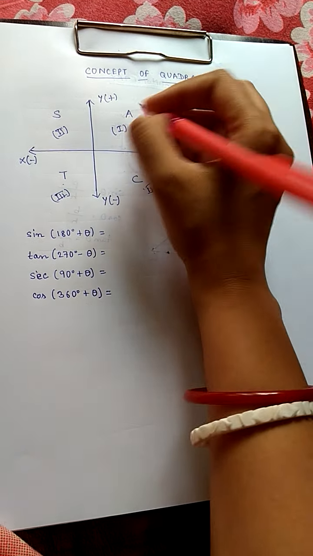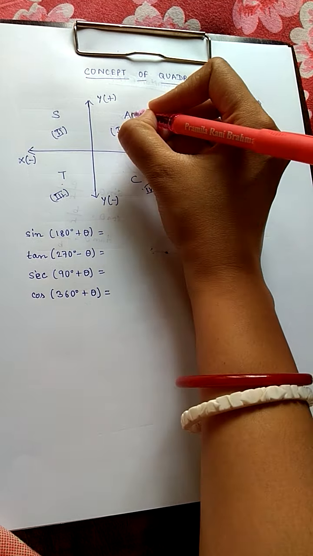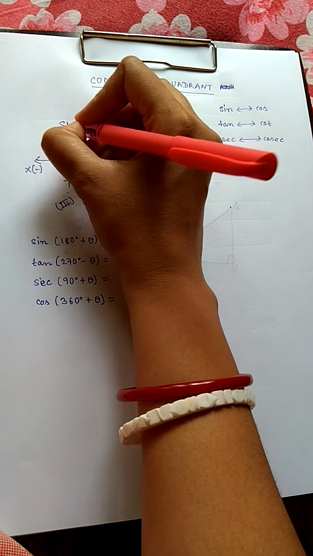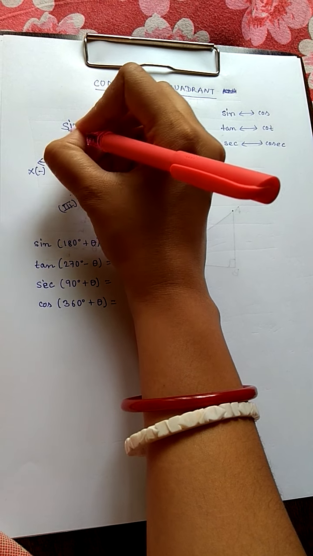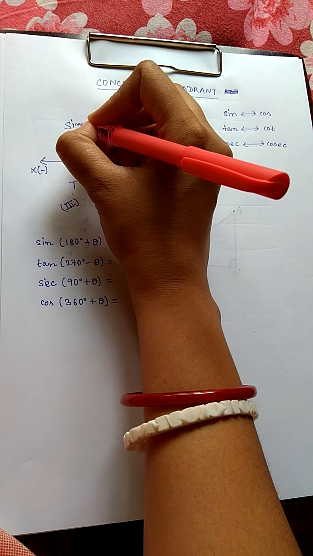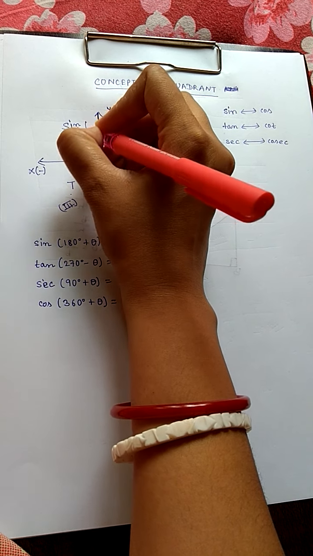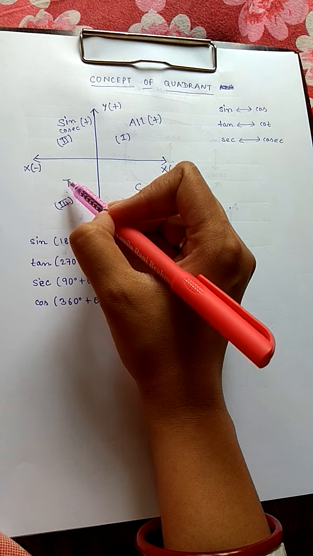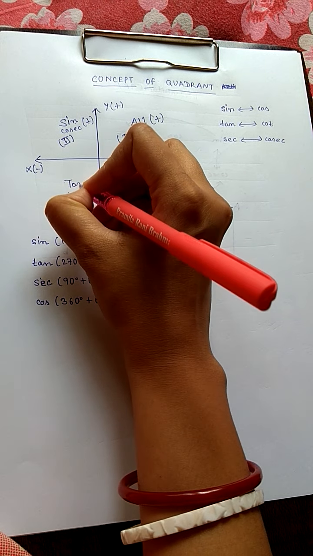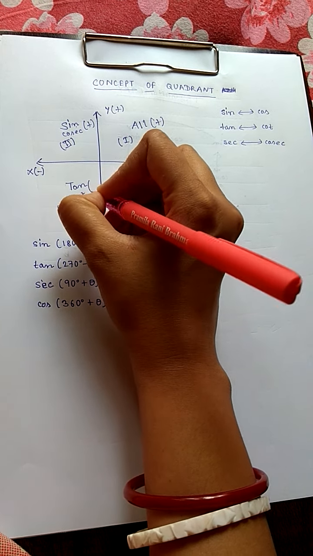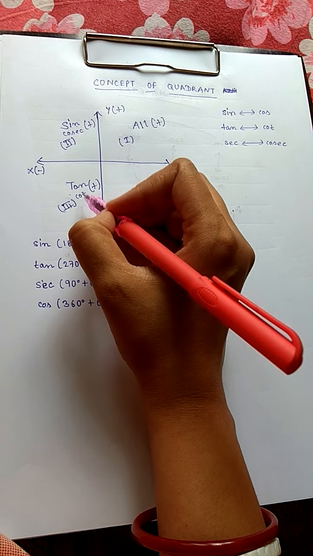That means in the first quadrant, all trigonometric ratios are positive. In the second quadrant, sine and its opposite ratio are positive. What is the opposite ratio of sine? Cosec. So sine and cosec are positive. In the third, T stands for tan and its opposite is cot, so these two are positive.